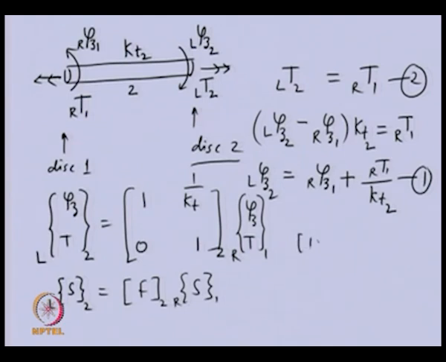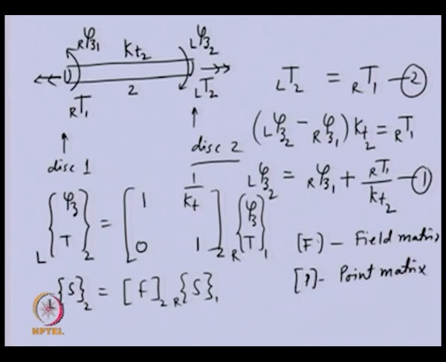So, F is the field matrix, and earlier we had the P matrix, which is the point matrix. Okay.